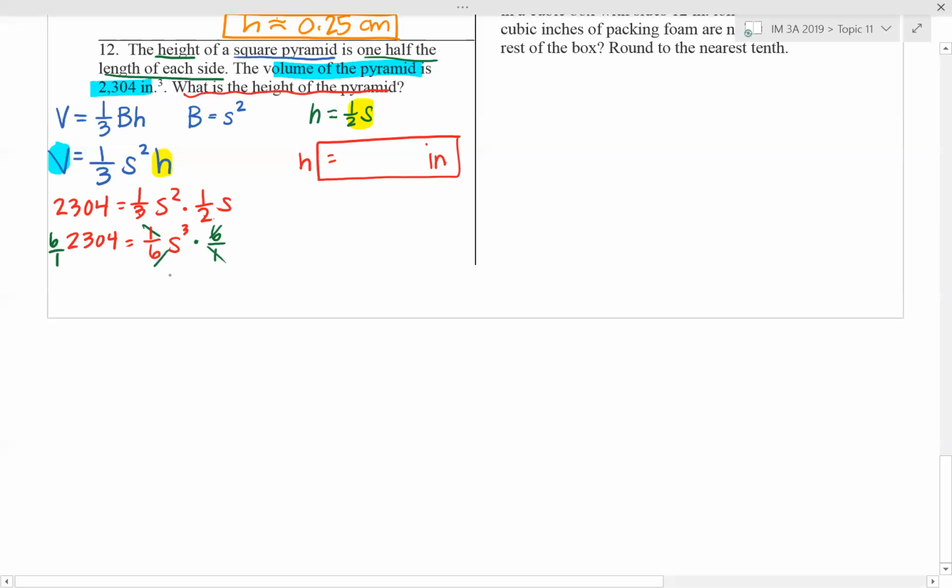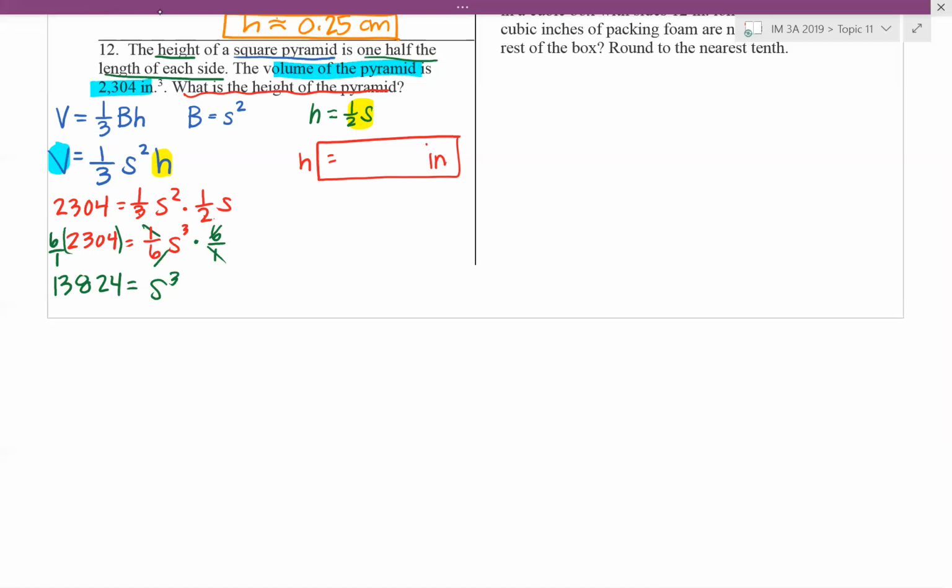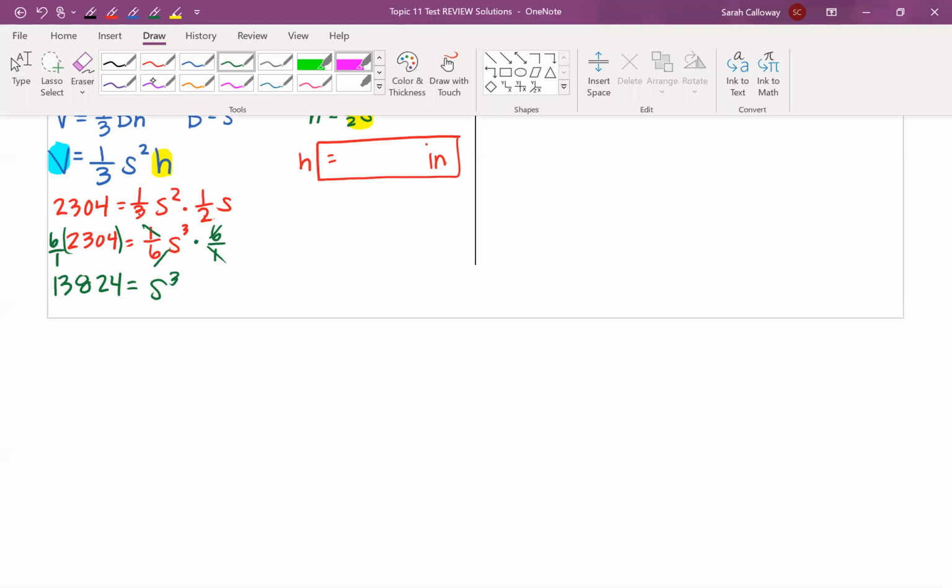So s cubed is equal to 6 times 2,304, which is 13,824. So since s is cubed, we have to take the cube root to determine the value of s.